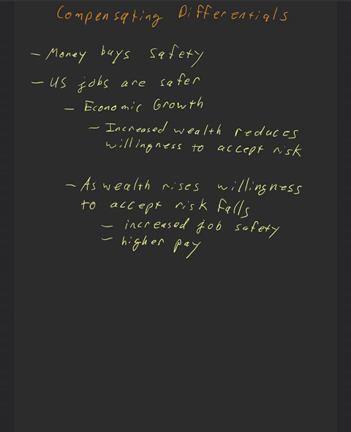Okay, so what we can do with compensating differentials is think about the effect that is happening sort of economy-wide or even worldwide, right? One of the things that we observe is that money buys safety. Money buys many things, right? So I'm not saying money exclusively buys safety. Money buys many things, but we typically are good at thinking about the other things.